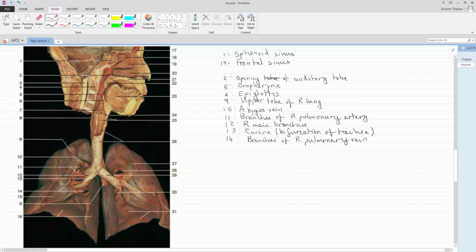So you notice that the pulmonary arteries are superior to the pulmonary veins at the hilum of the lung itself. 15 is the middle lobe of the lung. A little bit hard to see over here in this view where the lungs are kind of splayed open that way. 16 is the lower lobe or the inferior lobe of the right lung.